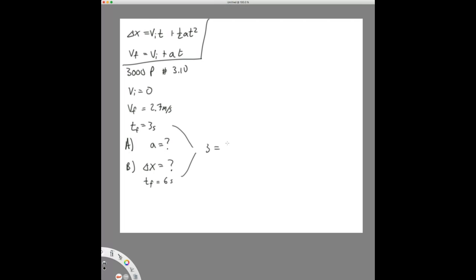There's a problem here in that we want to say T equals 3, and we also want to say T equals 6 seconds. But we clearly cannot say both of those things.